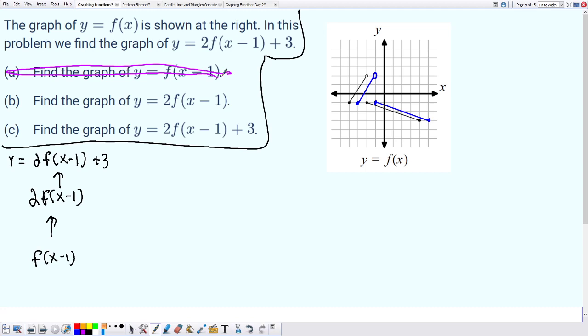Which means, for instance, the hollow point right here, that's -1, comma 2. Well, since we are multiplying the function's value by 2, this is going to transform into the point -1 still, but positive 4, because we want to double that y distance.